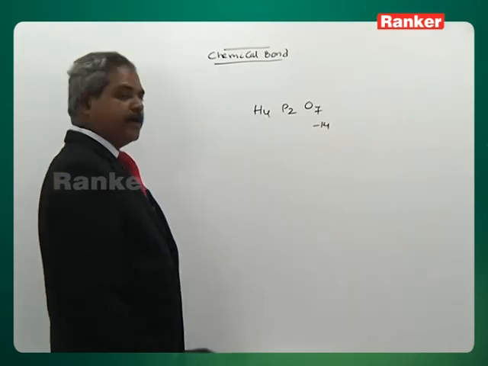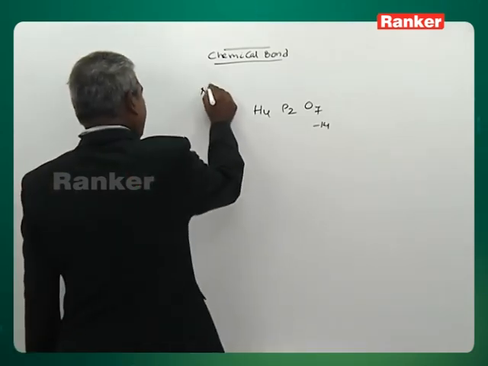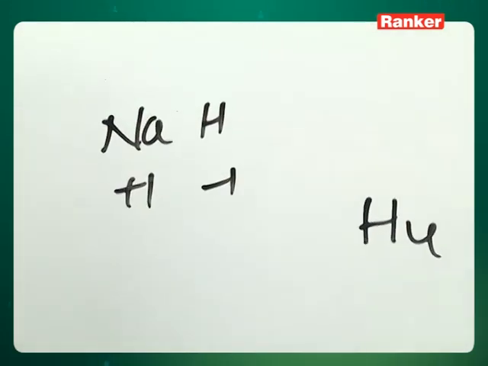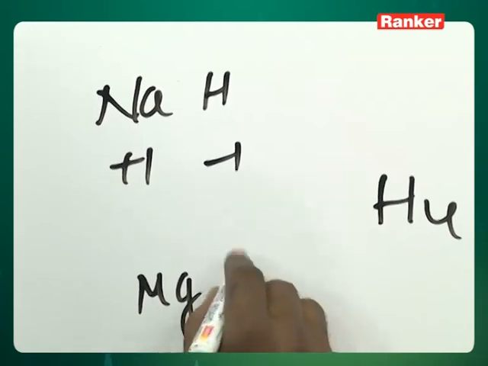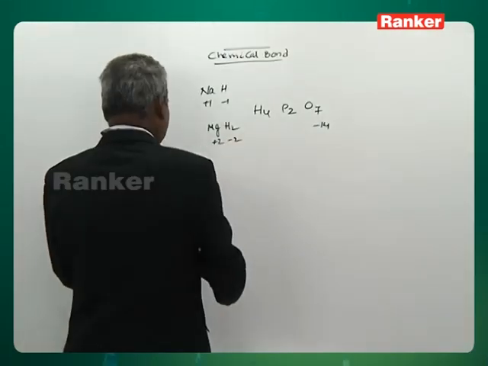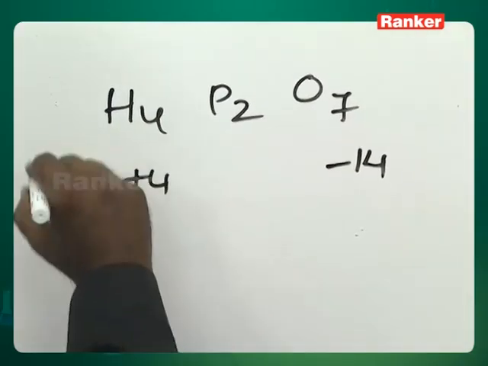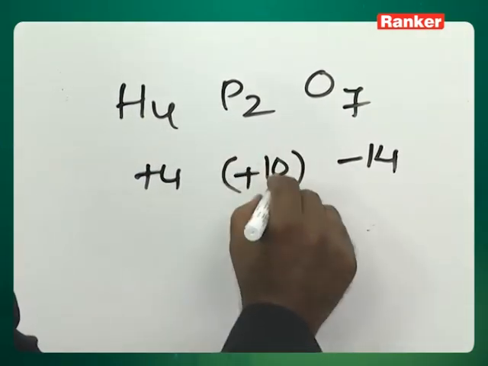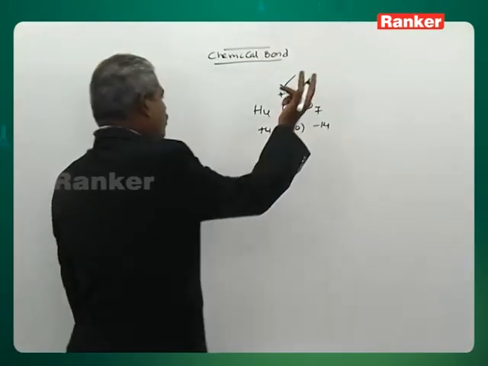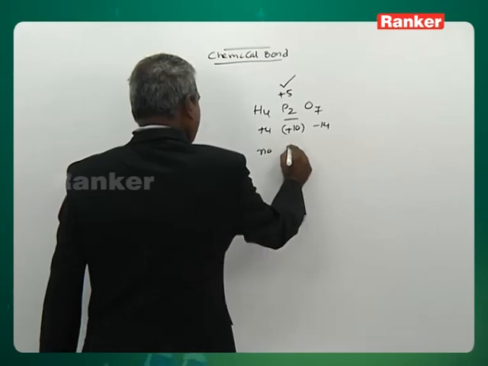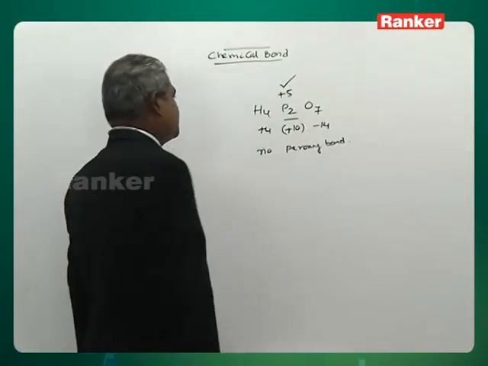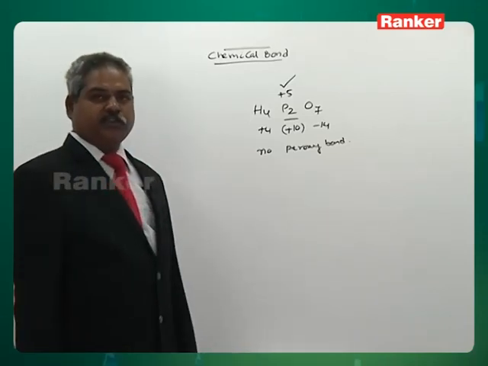Only with metals it becomes minus, for example NaH. I need not tell you, sodium is Na plus 1, fixed, H is minus. MgH2: here I need not emphasize, magnesium plus 2, which is fixed, minus 2. So, plus 4, plus 10. Each phosphorus is getting plus 5. Therefore, no peroxy bond. What do you mean by peroxy bond? Oxygen single bond.